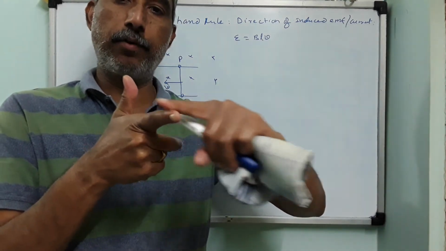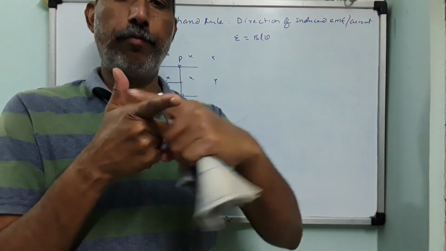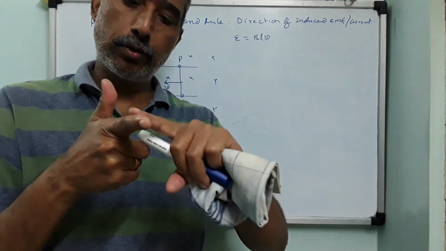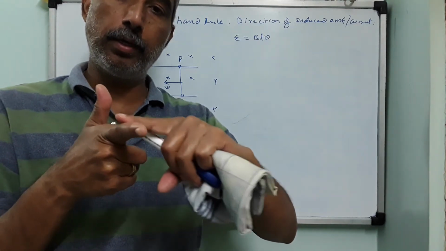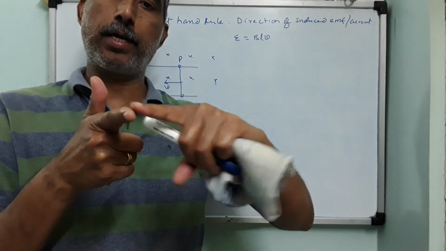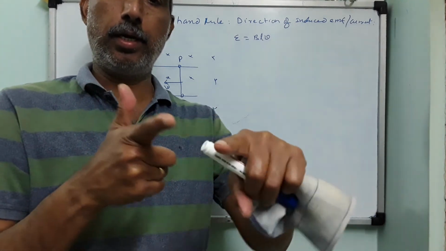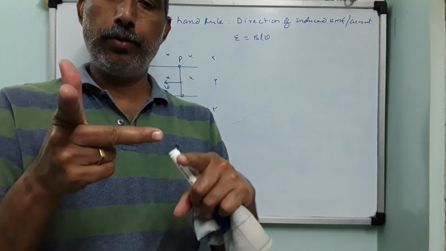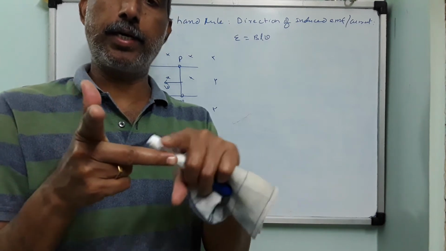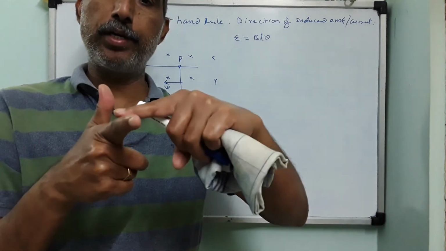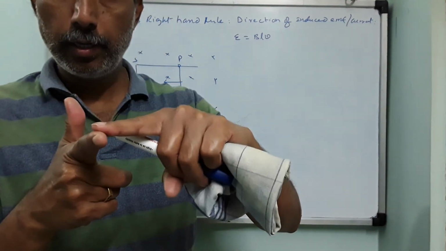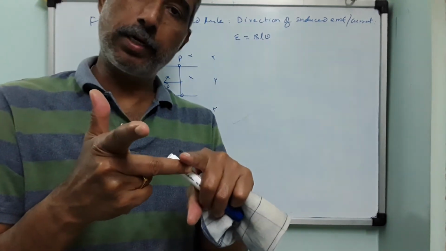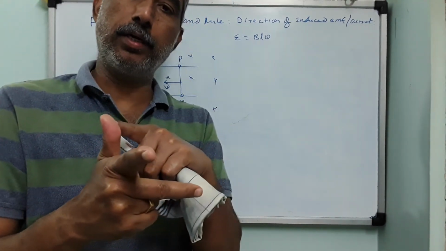The forefinger points in the direction of field. There is no change in this finger. Even in the left hand rule, this finger denotes the direction of magnetic field. Then we used to say that the central finger points the direction of current. First reference was made to the forefinger, second to the central finger, and finally the third finger.